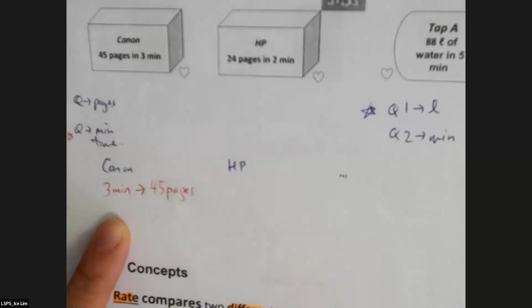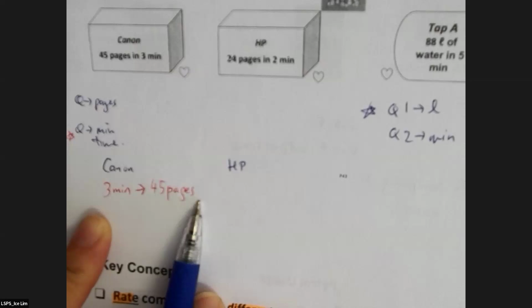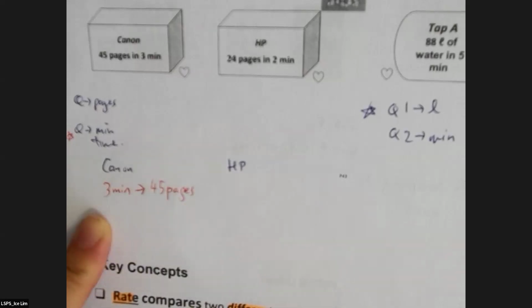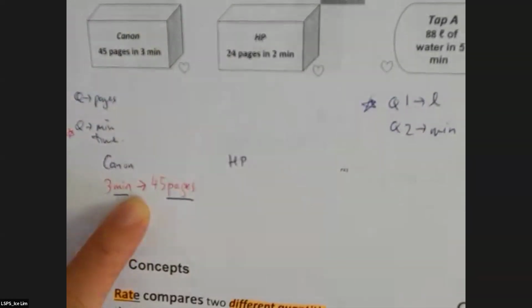You see how this is different from ratio? Ratio, you put 3:45. But for ratio, you realize there's no unit of measurement. For rate, there's unit of measurement. So I'll establish one quantity, draw an arrow, another quantity with a unit of measurement.